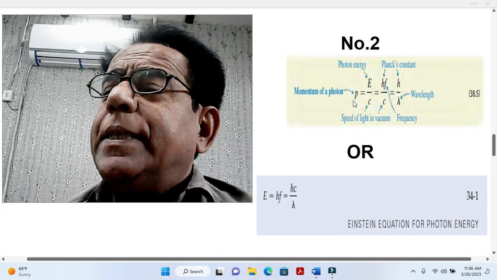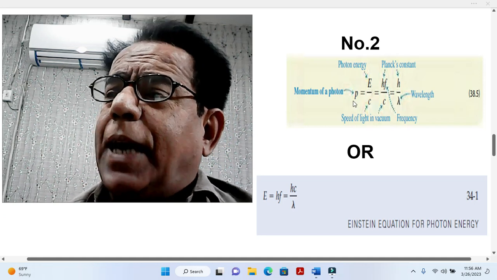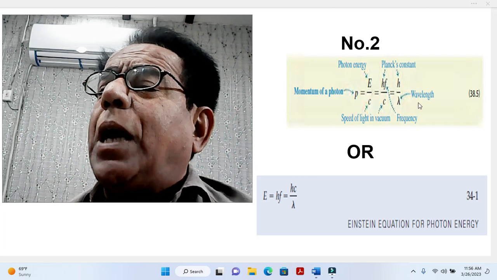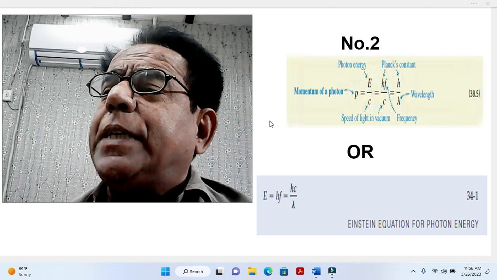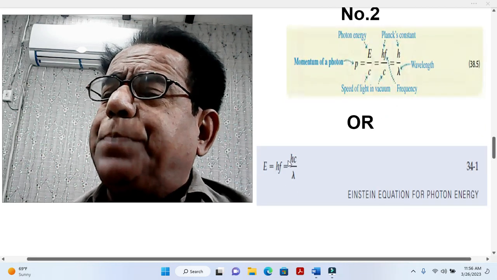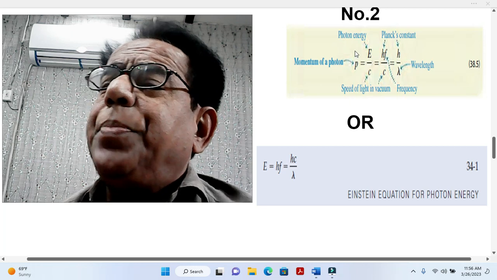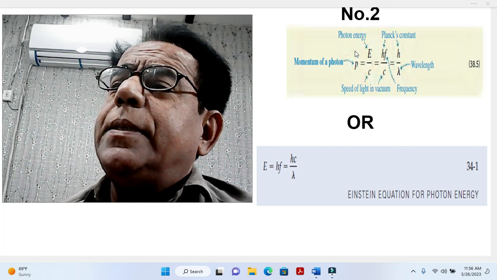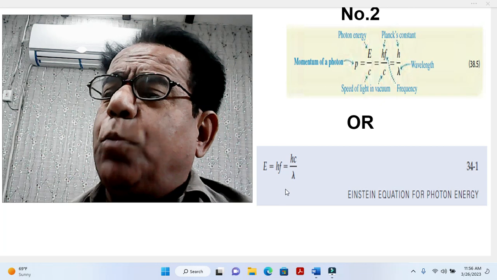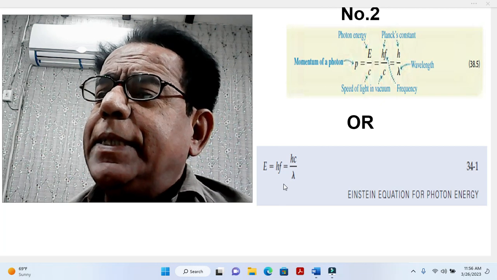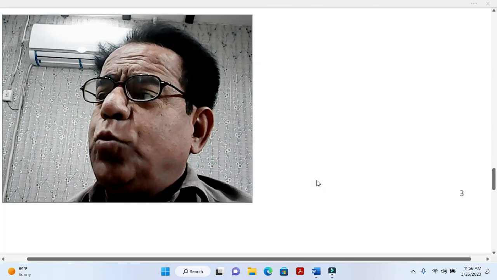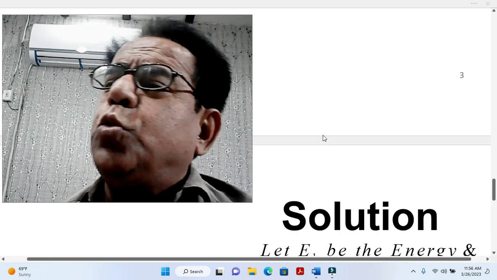Dear students, the first alternate part of tool number 2 is about momentum of a photon, and from this we can also derive E. If we keep E on one side, then we will get the same expression, rearranged in this form. E is equal to HF is equal to HC over lambda. Only two tools are needed.